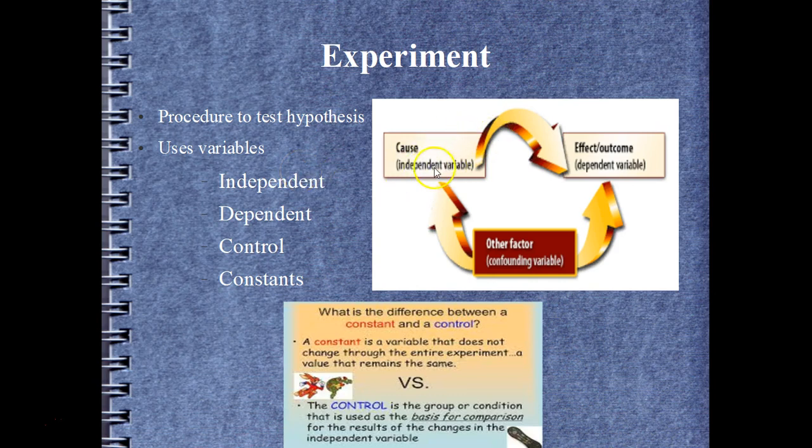So the independent variable is the cause, and the dependent variable is the effect or the outcome. Sometimes the independent variable is called the manipulated variable. Sometimes the dependent variable is called the responding variable because it's responding to the manipulated variable. So independent and dependent, sometimes called manipulated and responding.